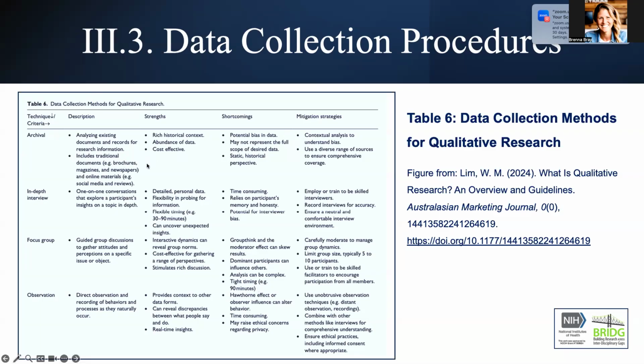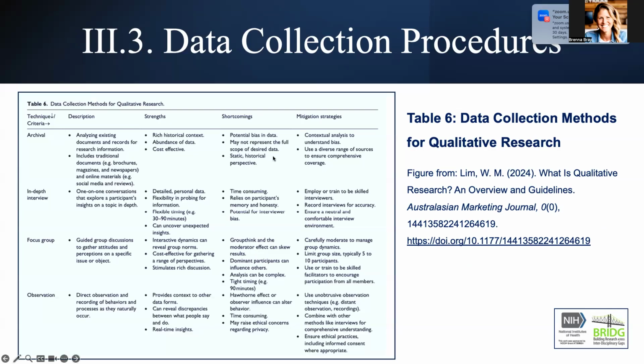It includes traditional documents, so brochures, magazines, newspapers, and online materials. Some strengths of using archival data: it can provide rich historical content. There's an abundance of data. It's very cost effective. On the other hand, there can be a potential bias in the data.